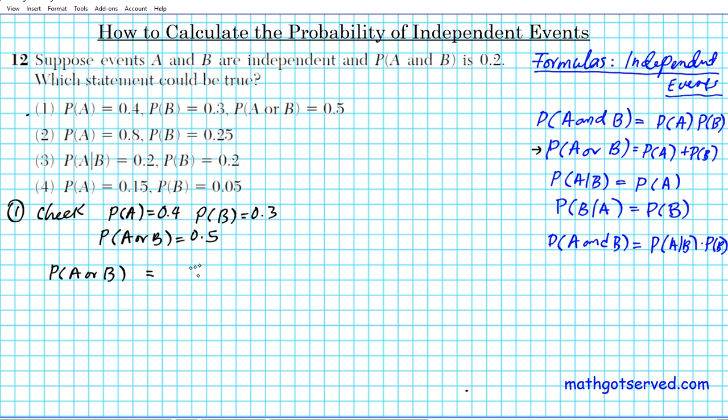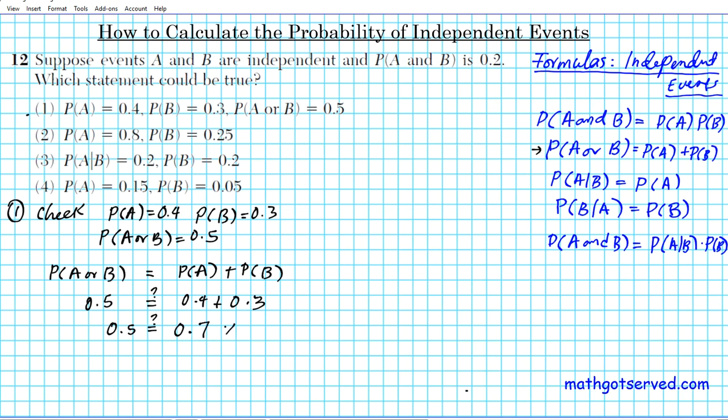This one right here is probability of A plus probability of B. So let's see if we apply this formula to what we have. Do we have a true statement? Probability of A or B is 0.5. So is 0.5 equal to probability of A 0.4 plus 0.3? Is 0.5 equal to, you add these two, 0.7?